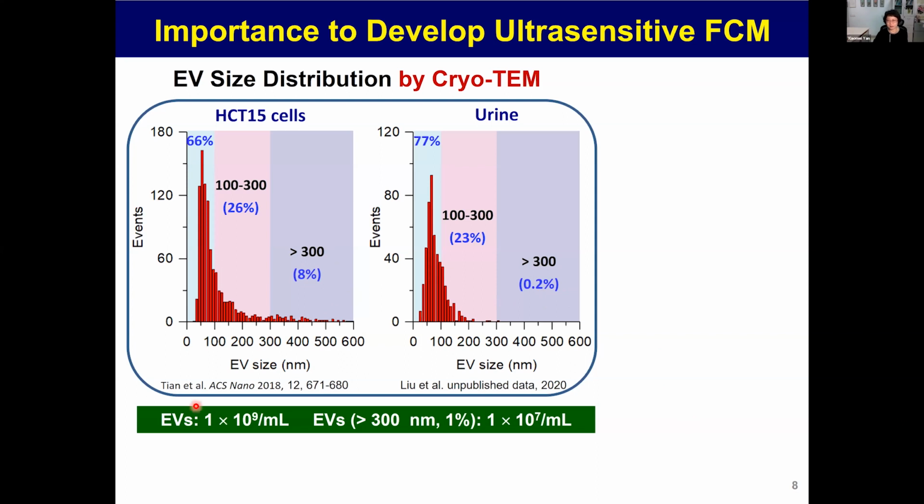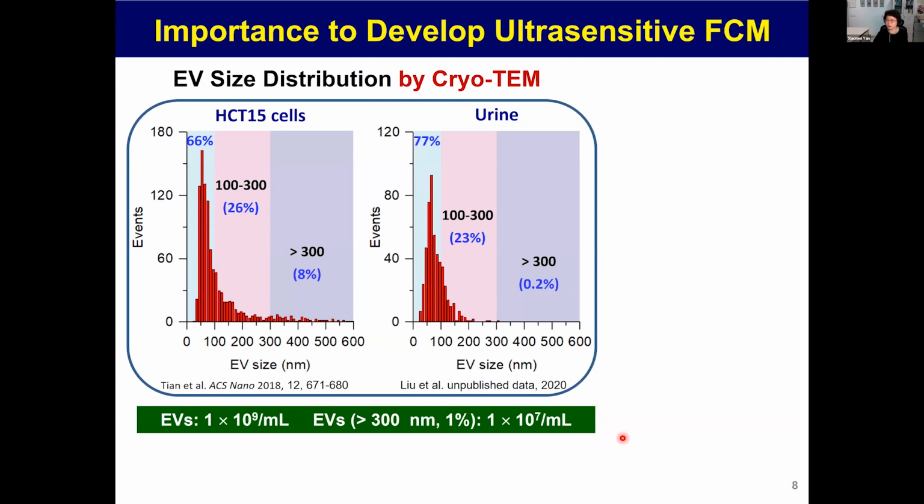But why can flow cytometer still measure it? Let's assume the total EV concentration is 1 × 10⁹ per milliliter. If EVs larger than 300 nanometer take only 1% of the total population, then the concentration of EVs larger than 300 nanometer would be 1 × 10⁷ per milliliter.